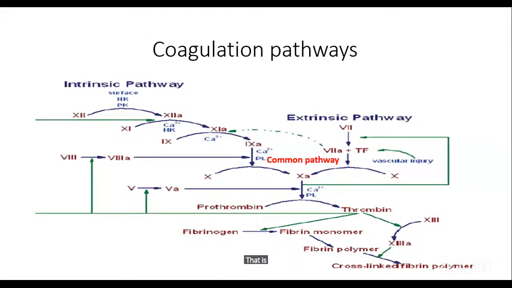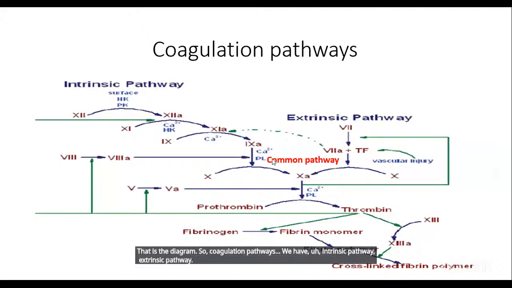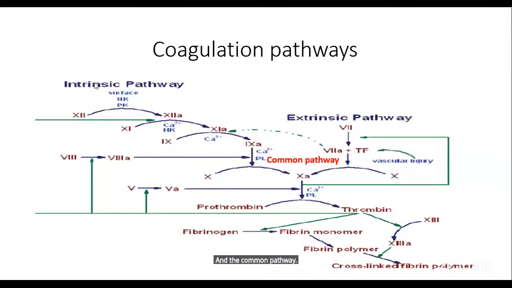Coagulation pathways. That is the diagram. So coagulation pathways, we have the intrinsic pathway, extrinsic pathway, and the common pathway. So activation of the intrinsic pathway begins by a vascular injury and exposure of high molecular weight kininogen, which acts together with prekallikrein to activate factor 12 into activated factor 12.